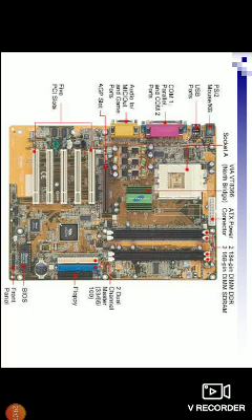The SMPS power connector will be connected here. And the next one, here two connectors, and here two RAM slots, again here two RAM slots. They are used to insert the RAM sticks.